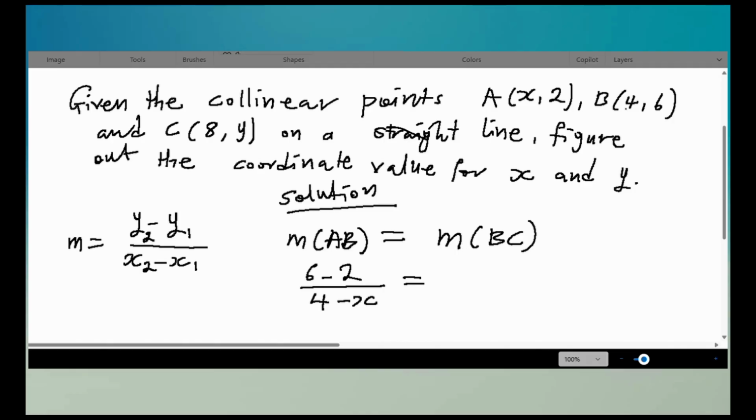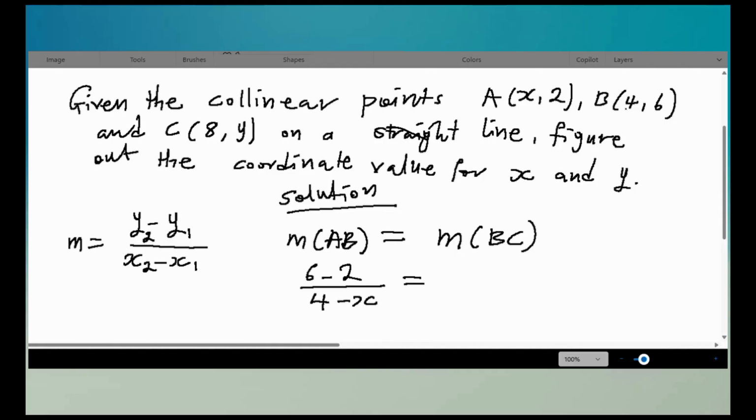So when we come to the gradient of BC, now our second point, which is B, becomes x1, y1. The coordinate of B becomes x1, y1. So in this, the 4 is going to be x1, and the 6 will be y1. Then our C is going to be x2, y2. So the 8 will be x2, and then our y will be y2, right?